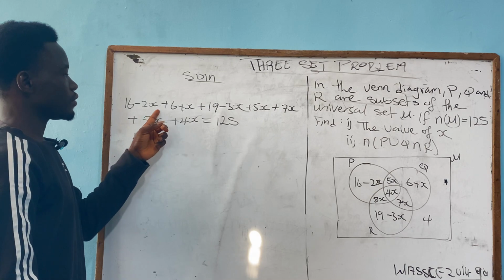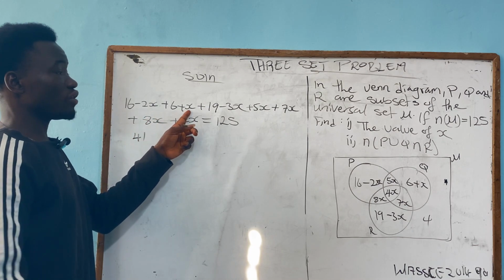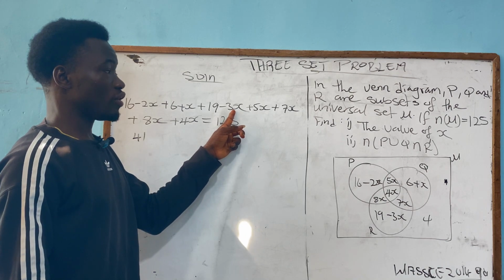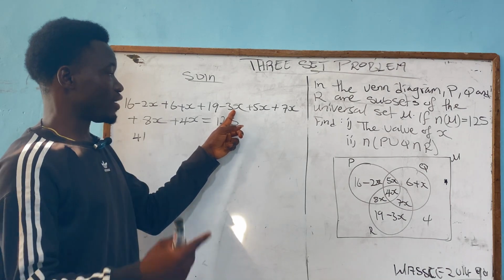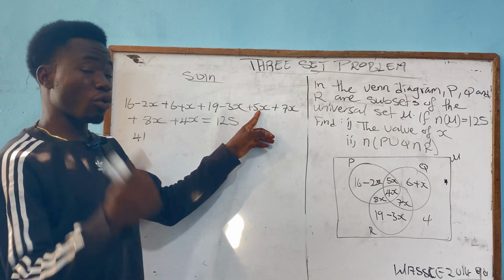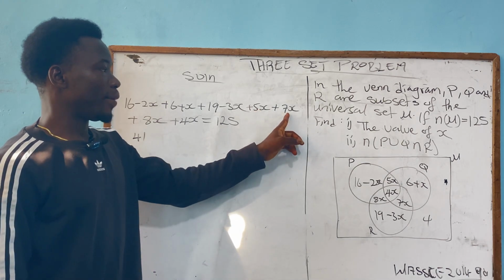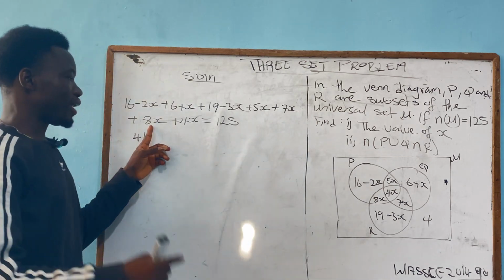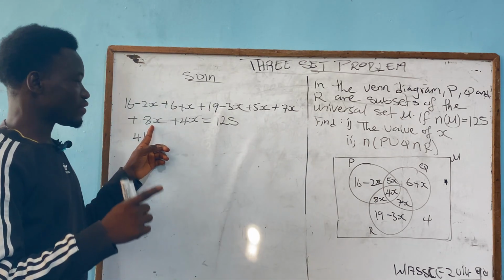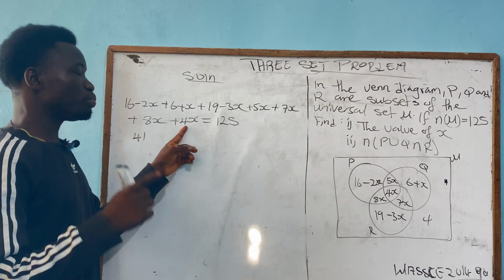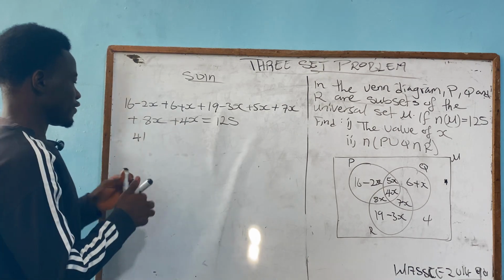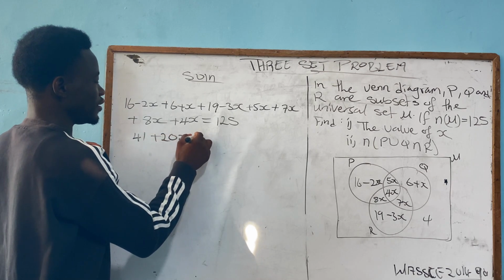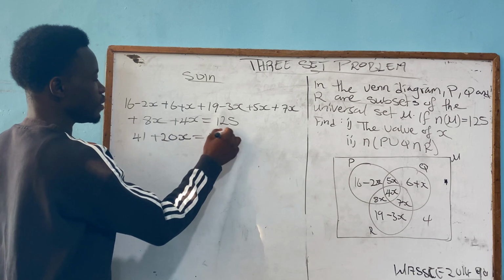Minus 2x plus x gives minus 1x, plus negative 3x gives negative 4x, plus 5x gives positive 1x, plus 7x gives positive 8x, plus 8x will be positive 16x, and plus 4x will give me positive 20x. So we get 41 plus 20x, and this will be equal to 125.